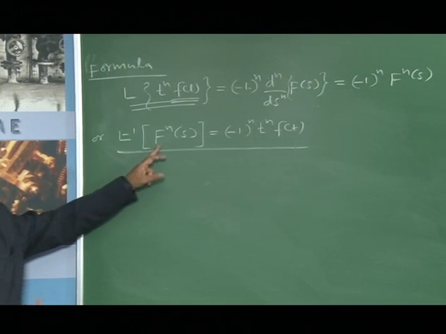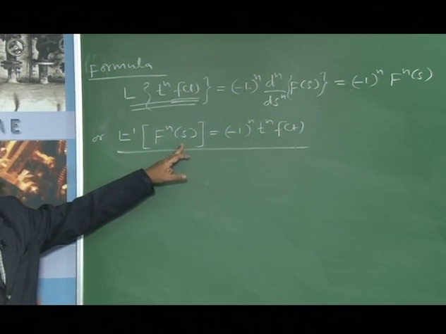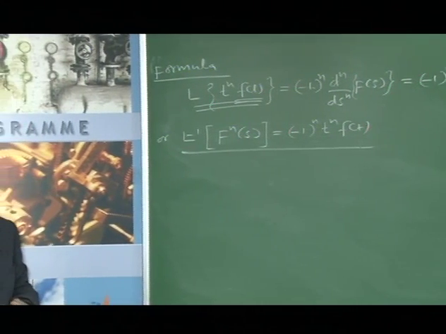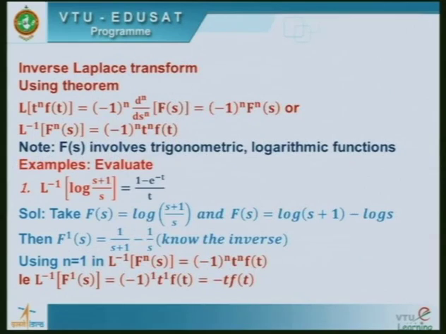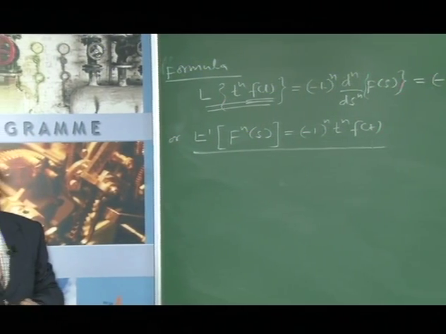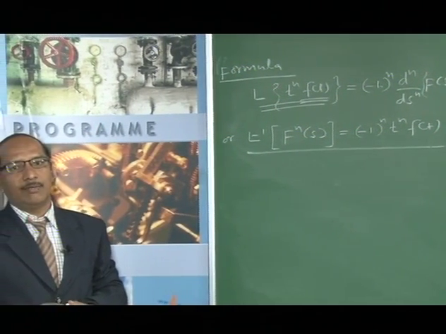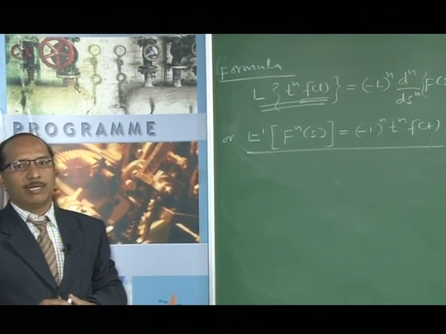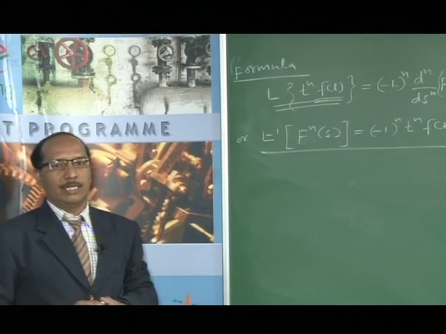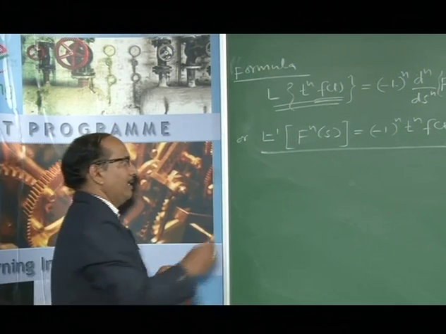F^n of s is the nth derivative of the function F of s, equal to minus 1 raised to n t raised to n f of t. n may be any number, n equal to 1 is the first derivative, n equal to 2 the second derivative. The important thing is we can easily identify the inverse problems containing logarithmic terms or trigonometric functions, you directly apply this formula.